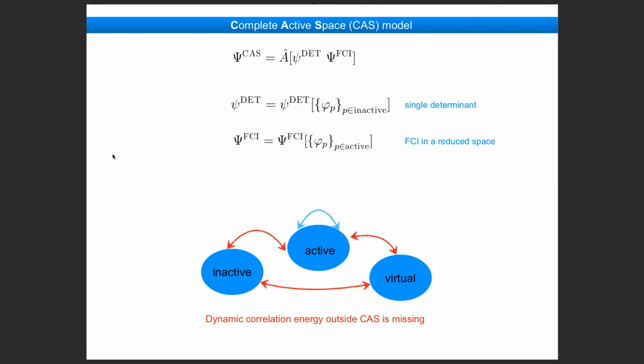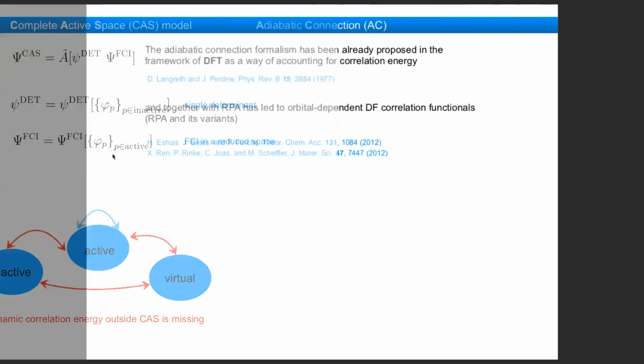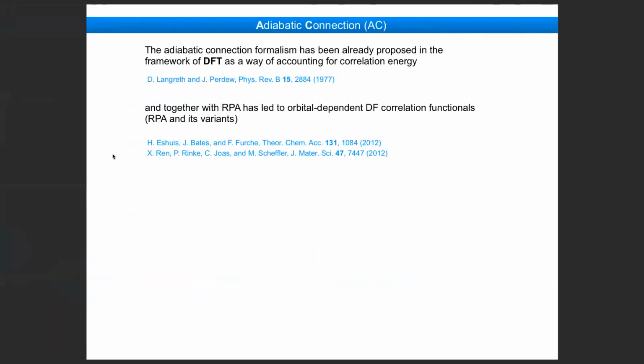So what we are missing is the correlation between active and virtual, active and inactive, and virtual and inactive. So the method will be adding these parts, right? Not the correlation within the active space, because it's already taken care of by the wave function, but everything else.